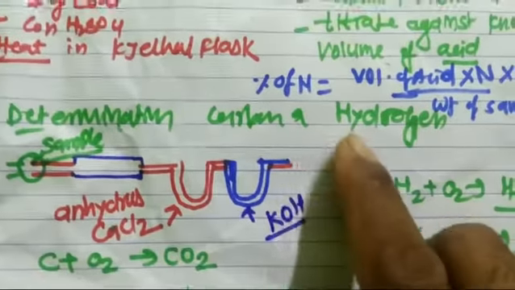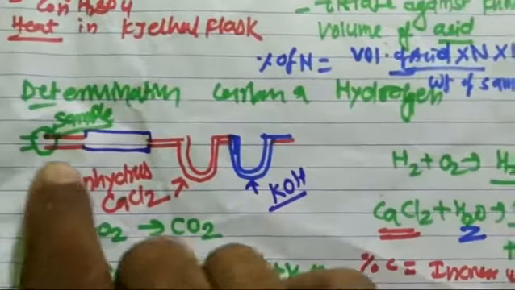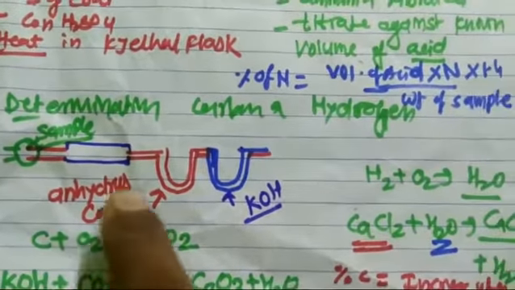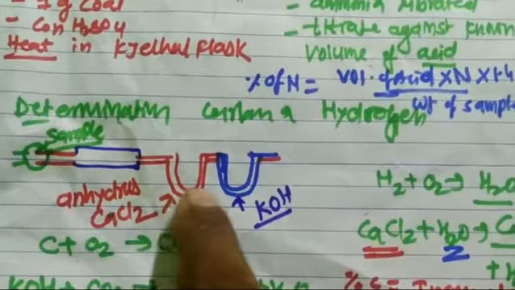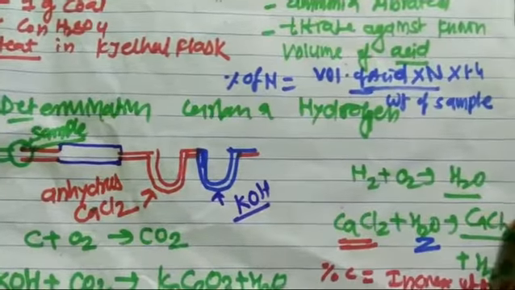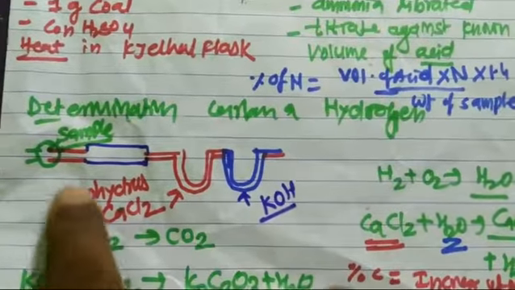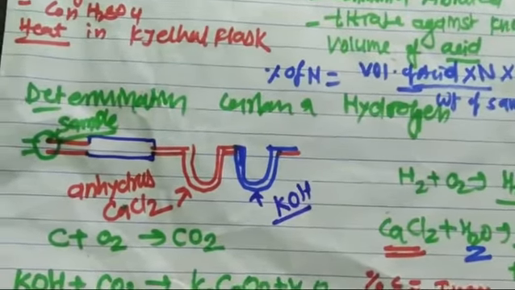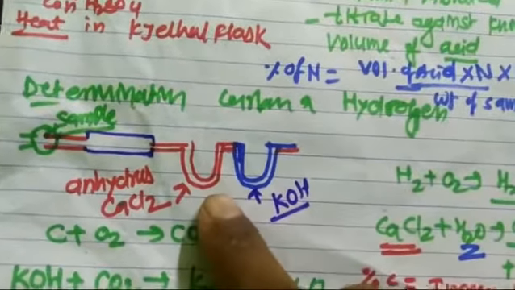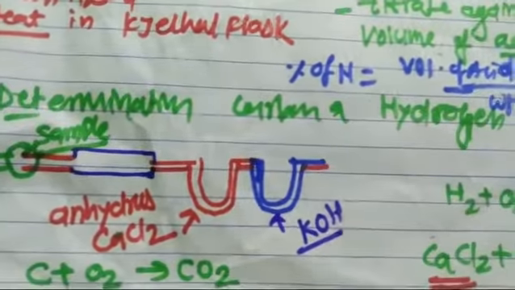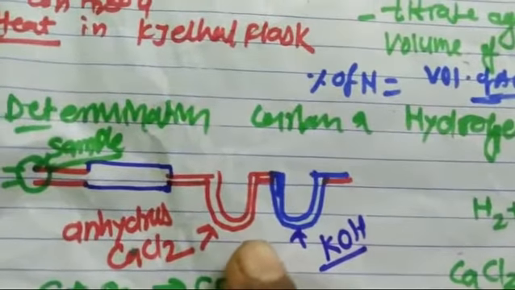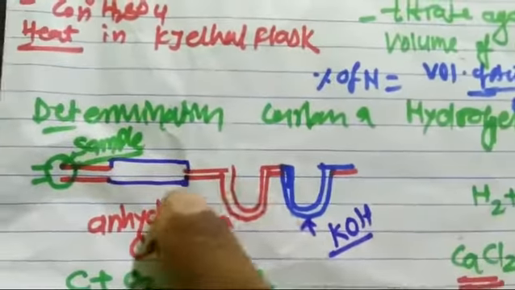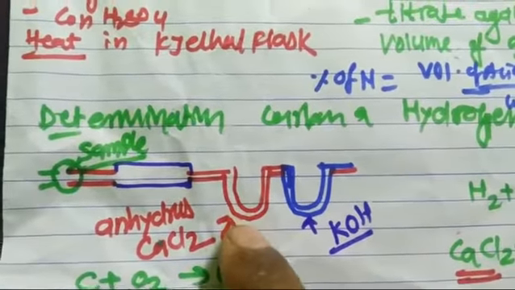Second, determine the hydrogen. After heating the coal sample, there is liberation of hydrogen. The hydrogen combines with oxygen to form water molecules. The water comes to this tube, the anhydrous CaCl2 tube. We measure the weight of this tube before passing the hydrogen and after passing hydrogen.